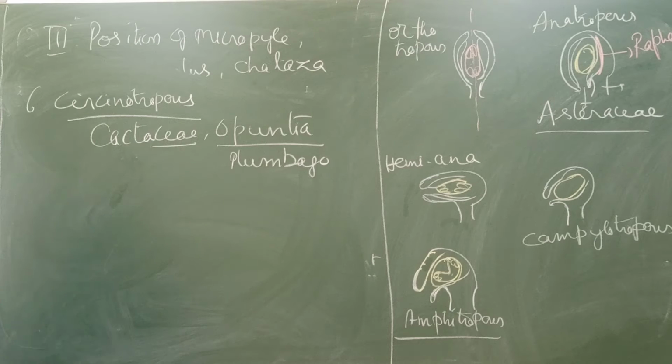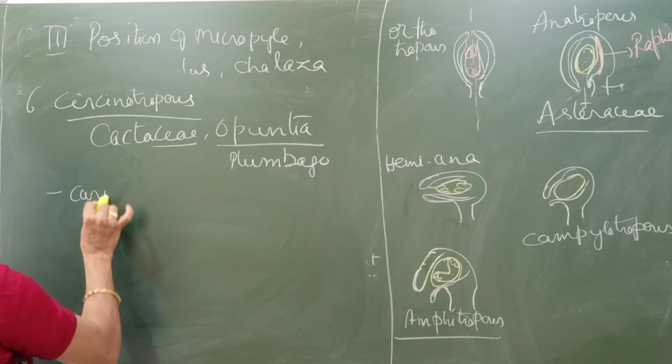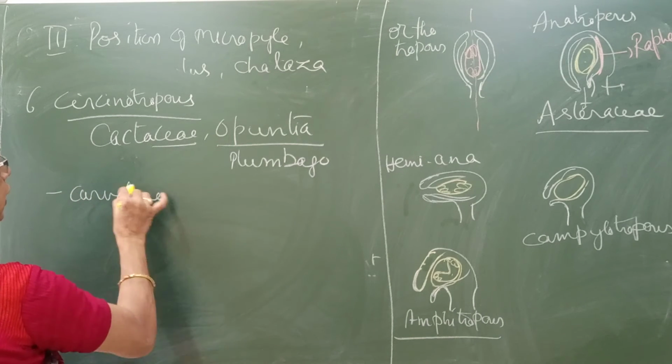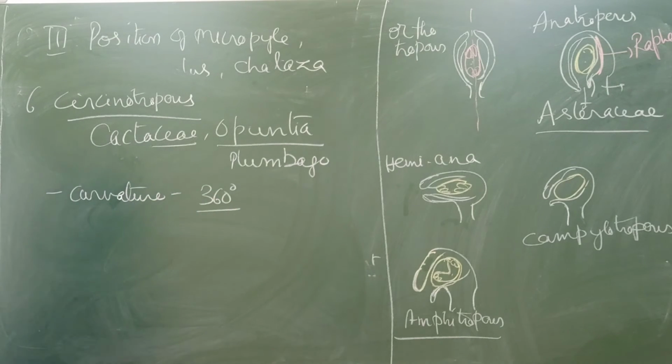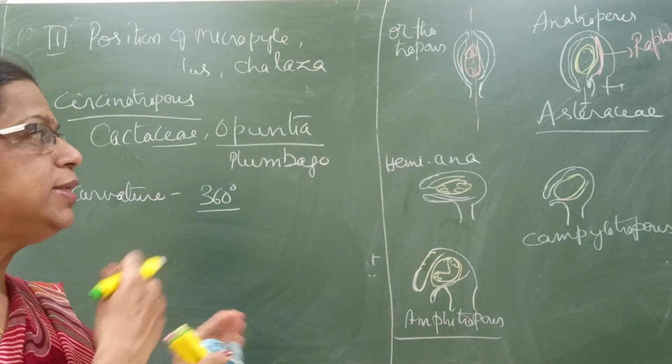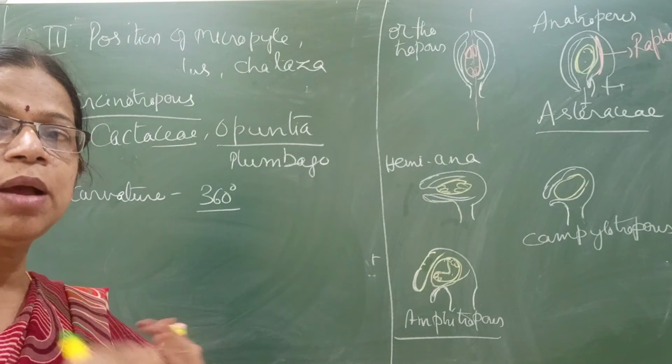So here the ovule shows a curvature of 360 degrees completely. So far we have seen how it is bending, but here it takes a complete turn.